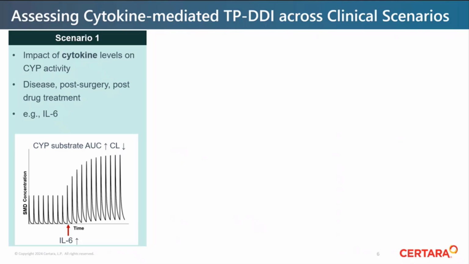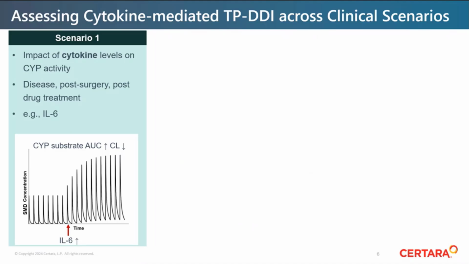Or it can also be used to assess transiently elevated or dynamically fluctuating cytokine levels post-surgery or post-treatment with a therapeutic protein or even small molecule drugs. So that's what you can use this scenario to model.